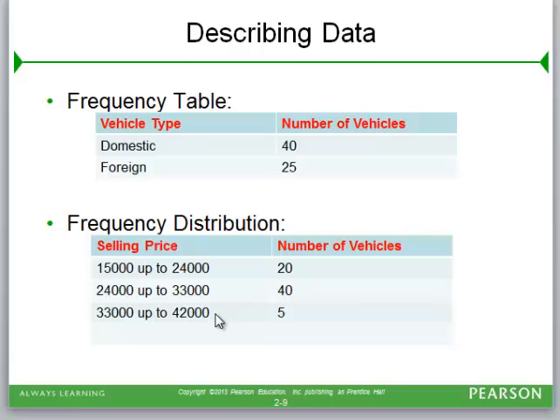And there are only a few expensive cars.